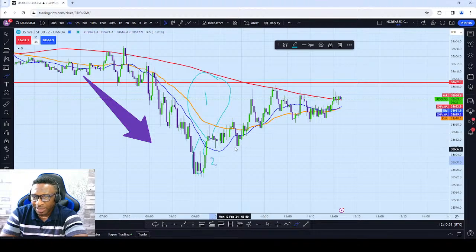In this drop zone where price dropped below the 20, it's all within the range. The 20 moving average is not just this skinny line we see here. It is an area, or a zone. So where it pulled back to is all in the zone of the 20 moving average.